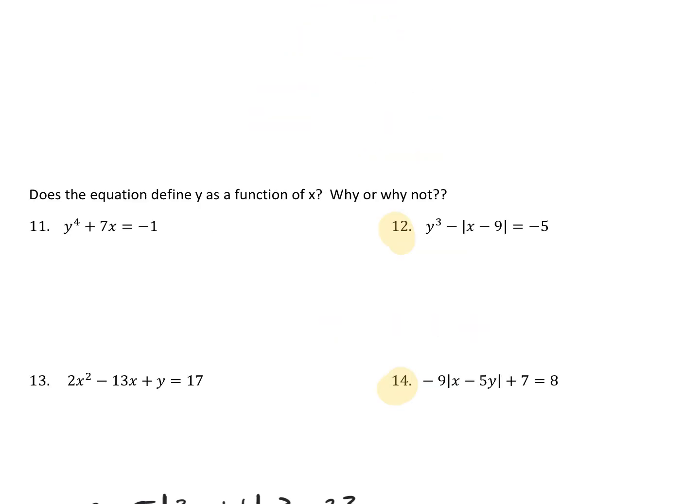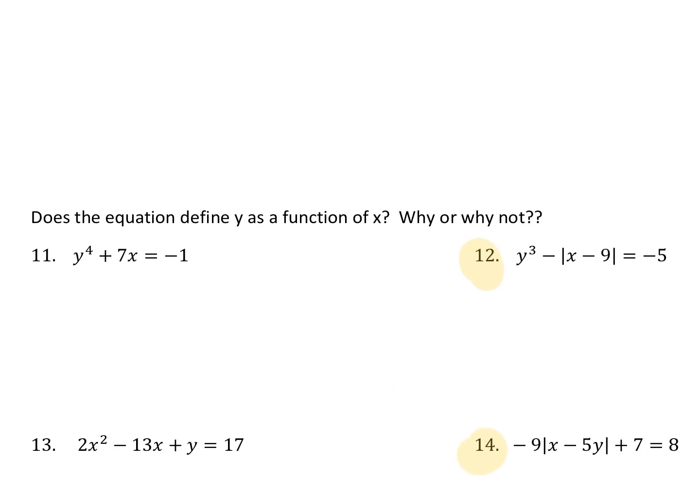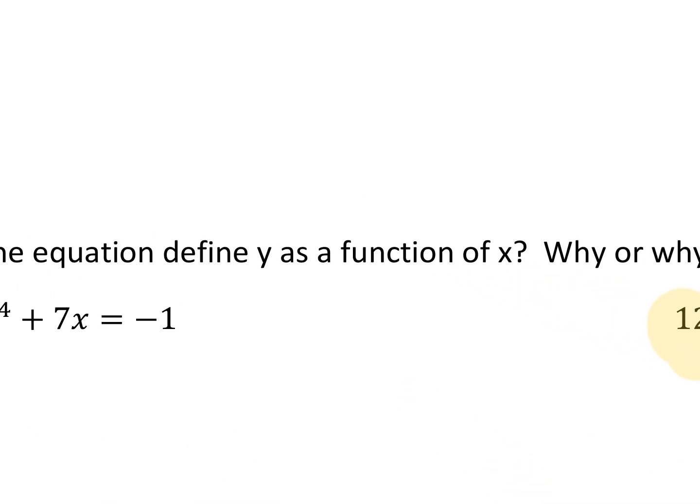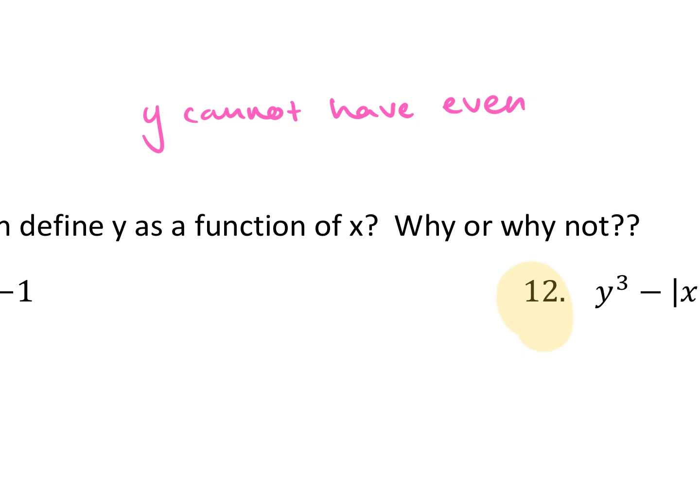So for 11 through 14, it says, does the equation define y as a function of x? There's two rules that we have to follow. Y cannot have an even exponent. So it can't be y to the second power, y to the fourth power, y to the sixth power.